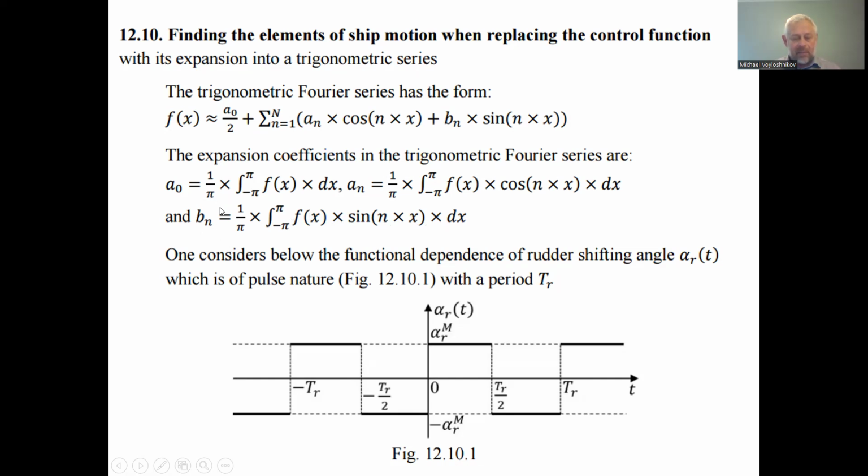We have the variable number of the term n within the integrand, and we consider the integration by the variable x, any variable, maybe time, maybe not.